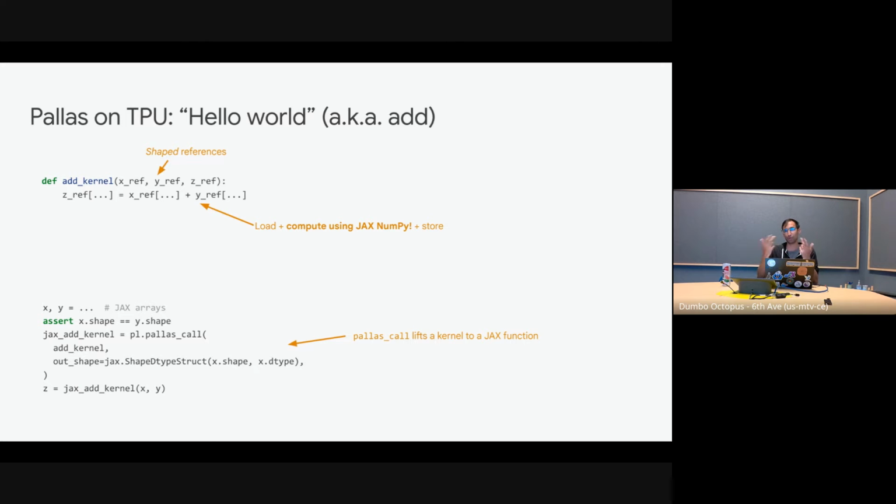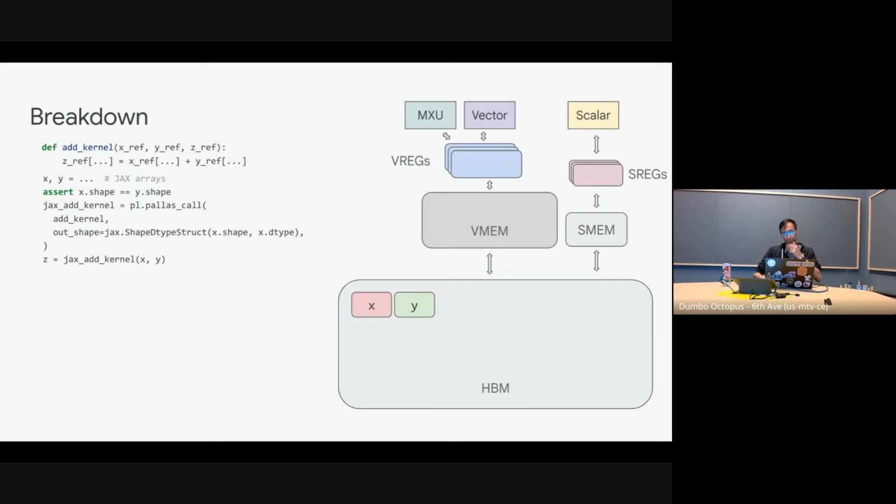We have to tell pallas_call what the output will look like. Since we're just adding things together, the shapes don't change, so we get something that looks like X as its output. And that's what that zref corresponds to inside of the add kernel function. So basically, the two pieces are something that represents the compute, aka these refs, and something that lifts it into a larger function that you can call in Jax.